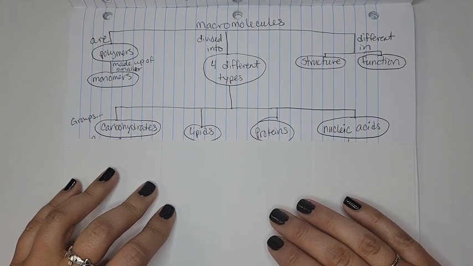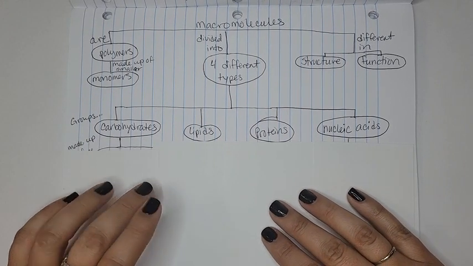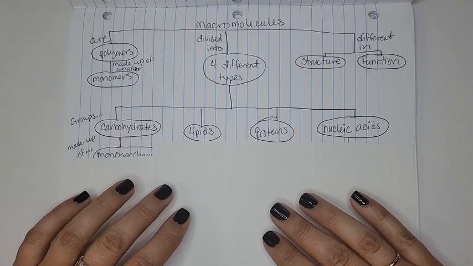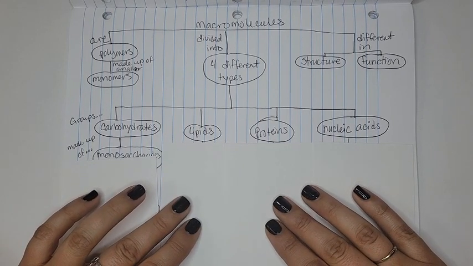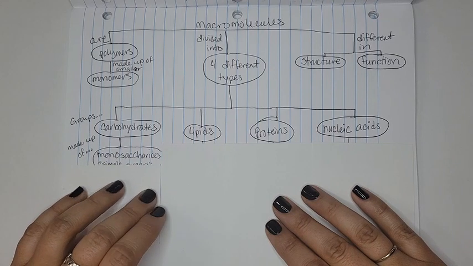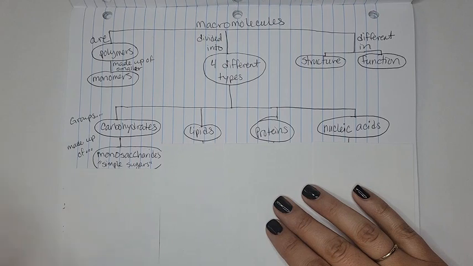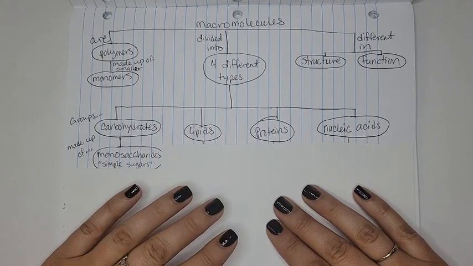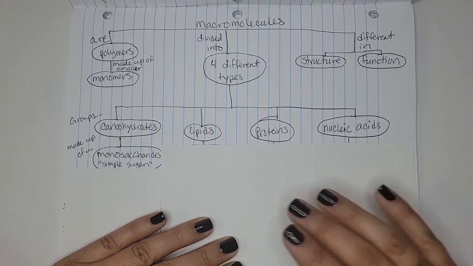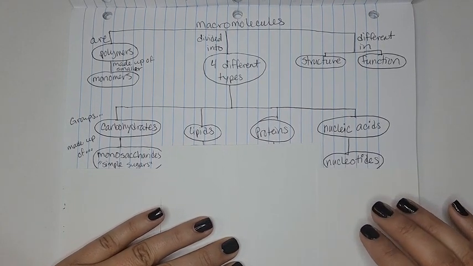Now, each of these different types of macromolecules are made up of some different monomers. So the monomer for carbohydrates is monosaccharides, or simple sugars. Lipids, we'll come back to. They're our oddball in this category. Nucleic acids are made up of nucleotides.